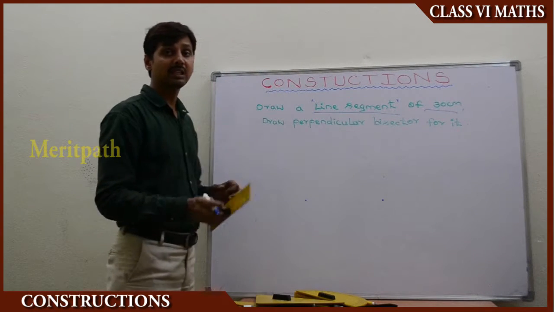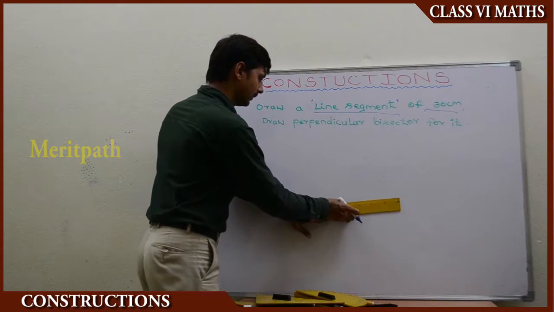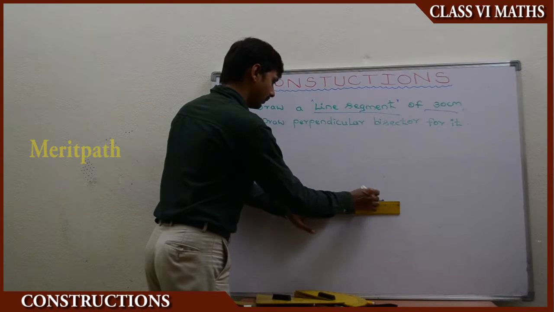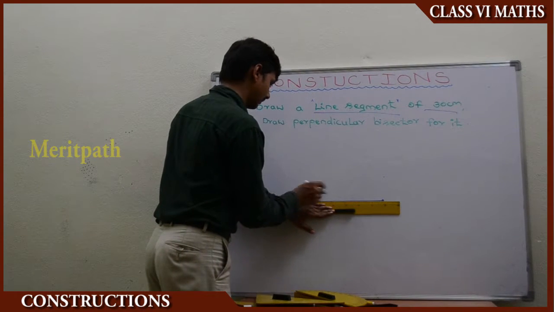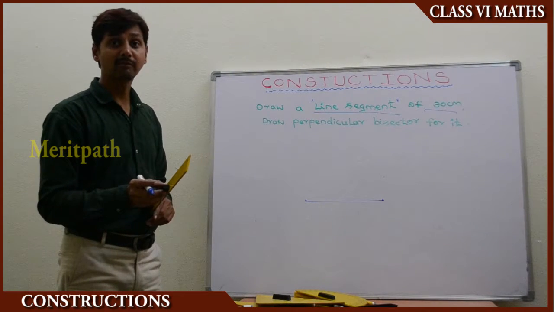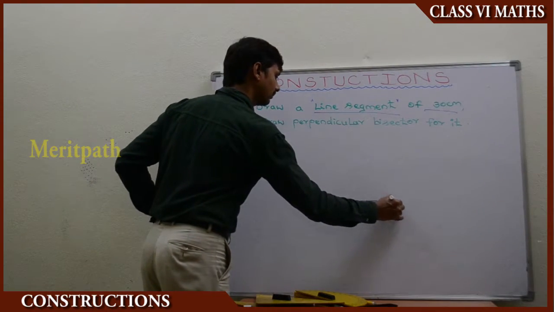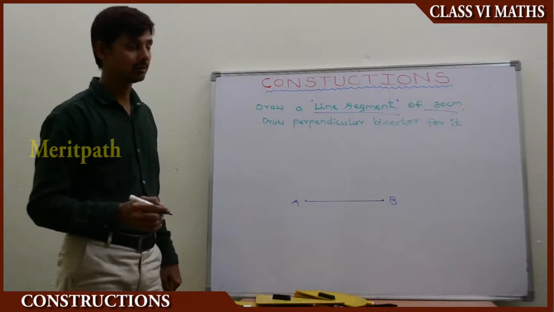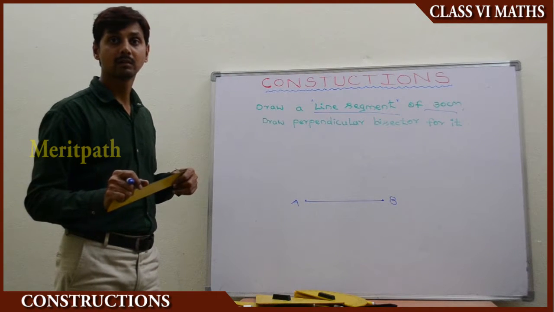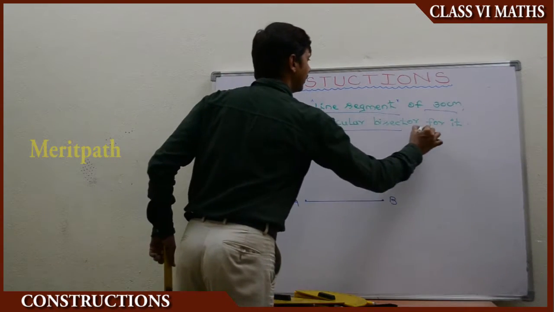After taking these two points, join them using the scale. Using the scale, we have joined these two points, that is A and B. After joining these two points, we need to draw a perpendicular bisector for it.